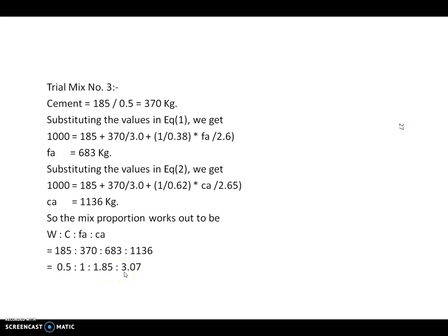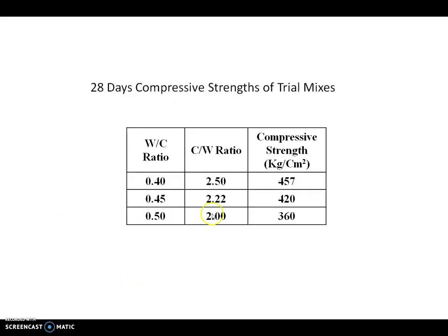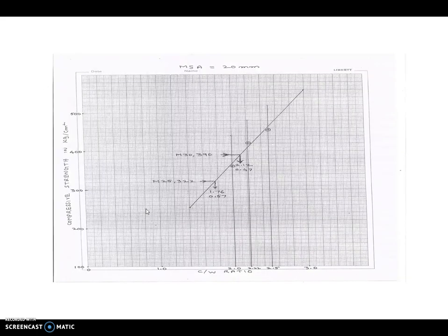Same way the third trial having the ratio 0.5 is to 1 is to 1.85 is to 3.07, and this is the value of three trials. And according to the three trials we can draw the graph. This is the first value of the water cement ratio, second value of the water cement ratio, third value of the water cement ratio.